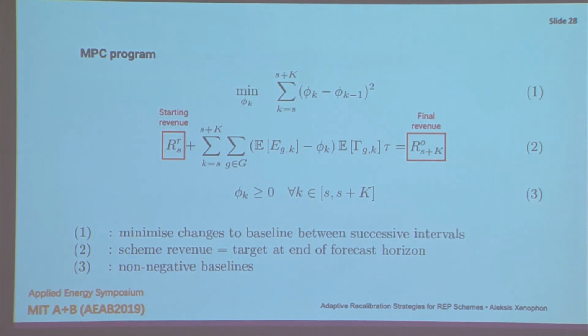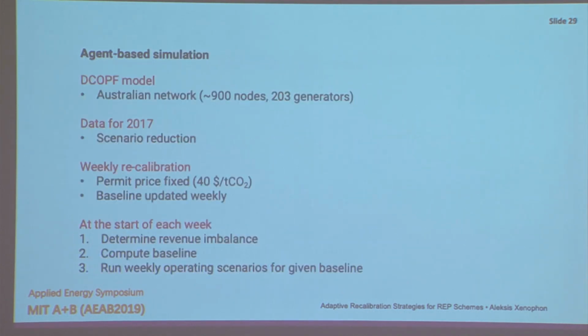And 2 is just imposing a terminal constraint on scheme revenue by saying that the revenue that we start with plus the amount of revenue that we expect to receive over the coming several calibration intervals in the future will equal some final revenue target which we get to specify. And 3 is just ensuring that these baselines are non-negative. We can add other constraints into this as well.